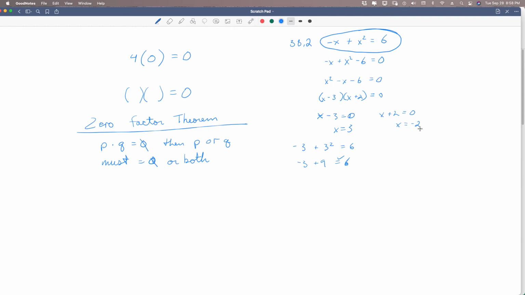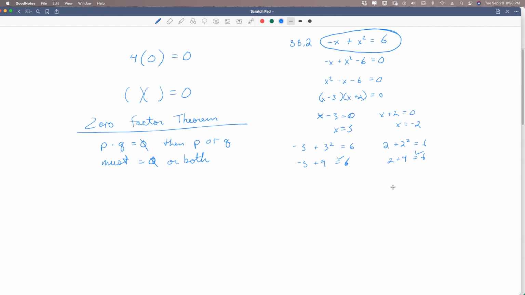So now we're going to try negative 2. So a negative 2 is a positive 2, plus 2 squared. So a positive 2 plus 4 does equal 6. So that checks.